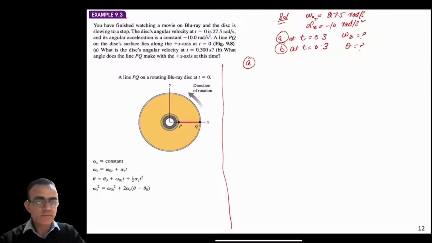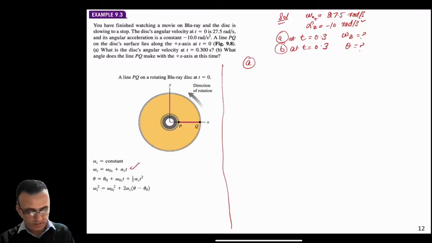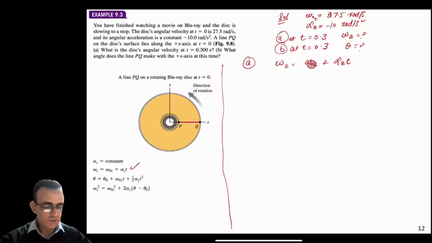In the first part, you will just be using the first equation, which is omega z equal to omega naught z plus alpha z t. You are given omega naught z, which is this value here. You are given time, which is 0.3. You are given alpha z, which is minus 10.